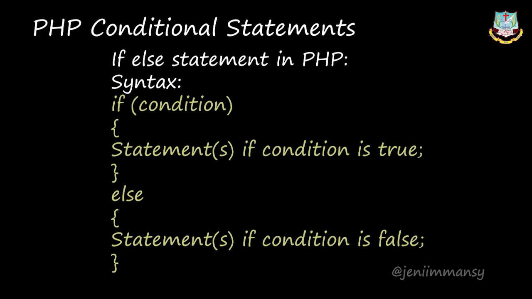Understood? If is easy, it will have only one set of statements. If else means for true you will have one set of statements, and if the condition is false, we will have another set of statements.